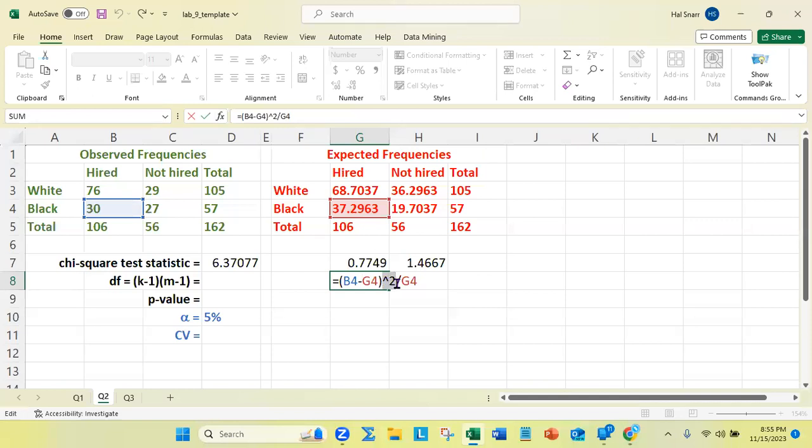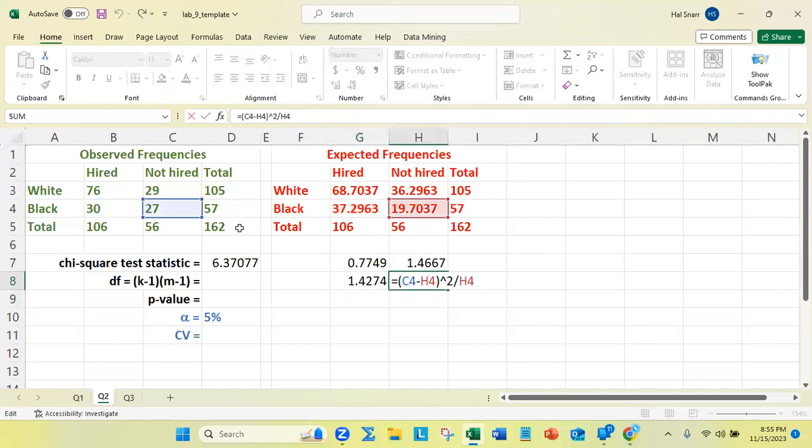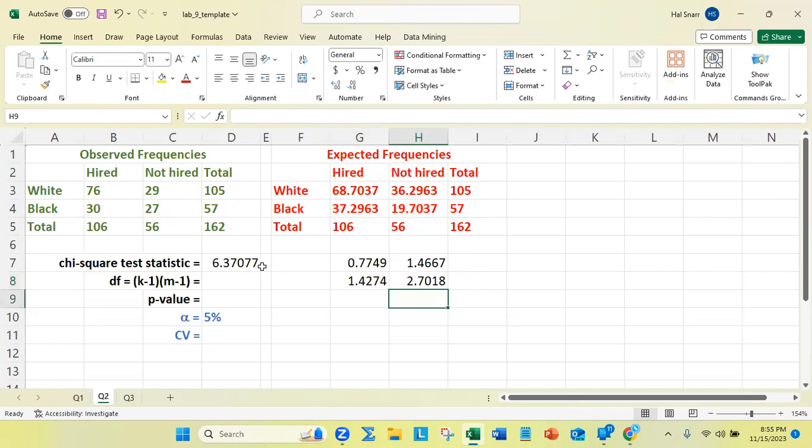We square those deviations and we divide by what we expect. And then lastly, we have 27, the observed frequency, minus 19.7037, the expected frequency for the category black and not hired. We square those deviations, and then we divide by the expected frequency, right? So our chi-square statistic is 6.37077, right? Again, that should be 4 decimal places.